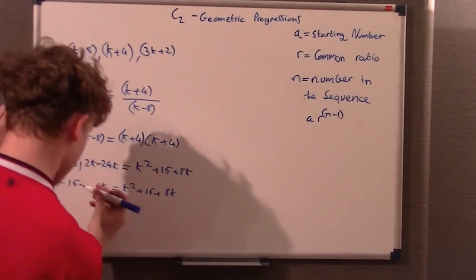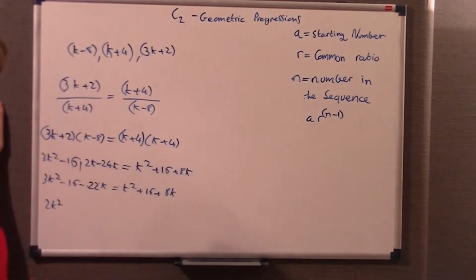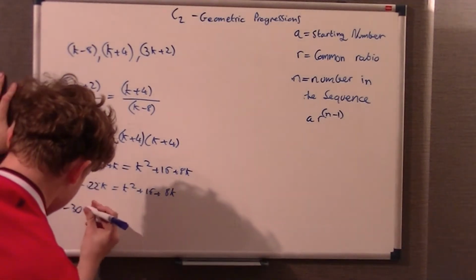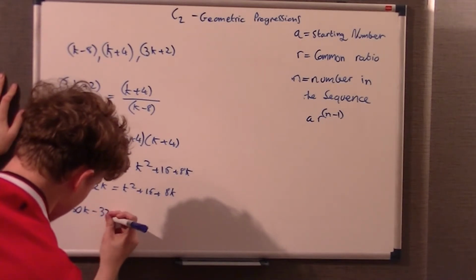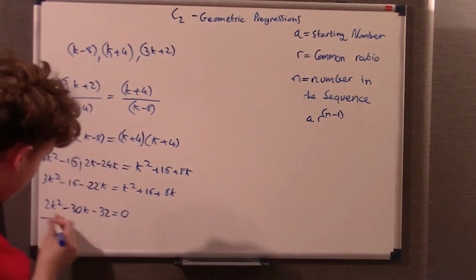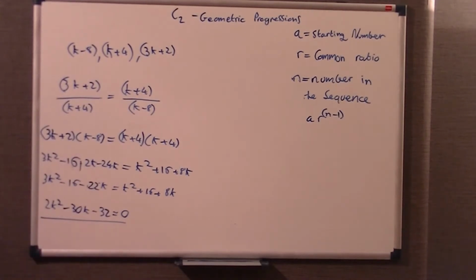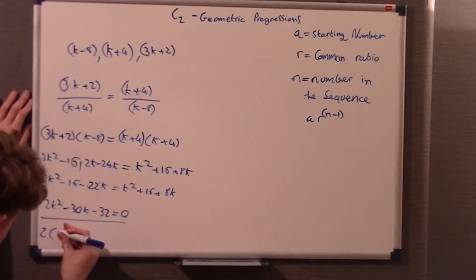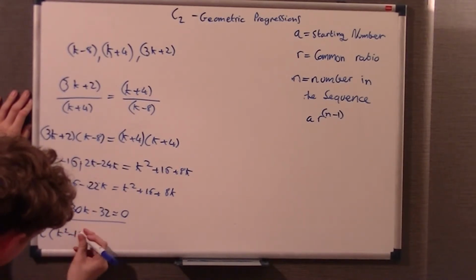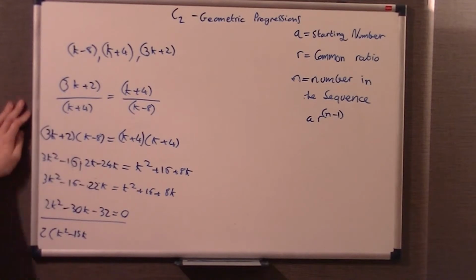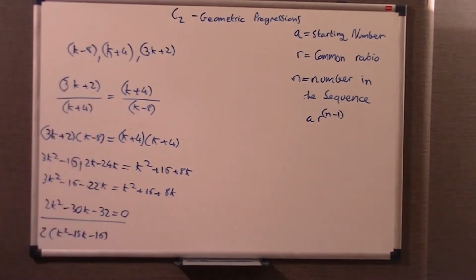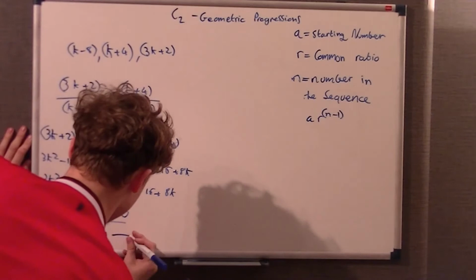Should be plus 2k, so it's minus 22k. 2k squared, take 30k, take 32 equals 0. That's our equation. So we divide this by 2. 0 equals k squared, take 15k, take 16.